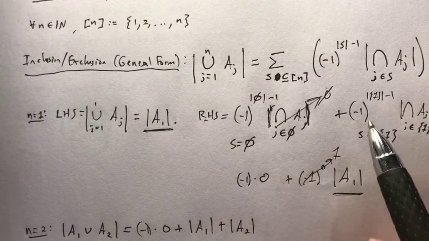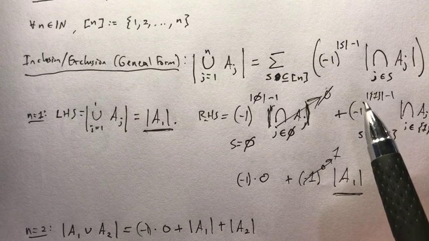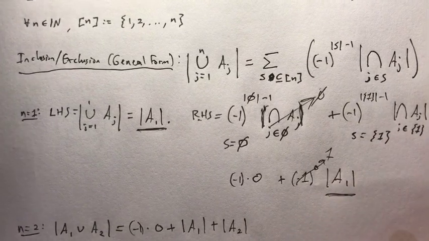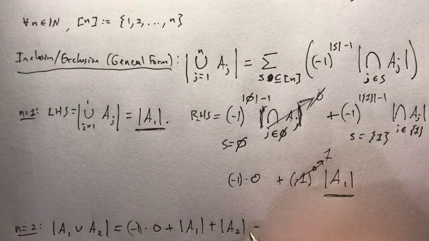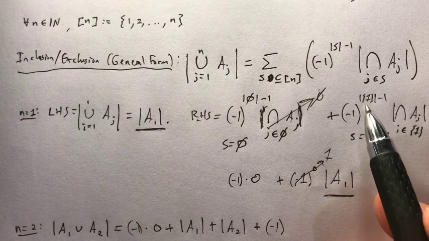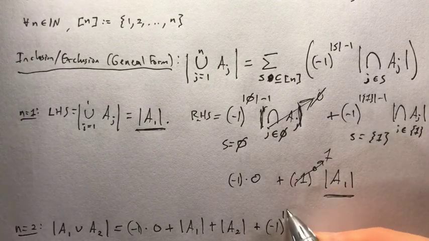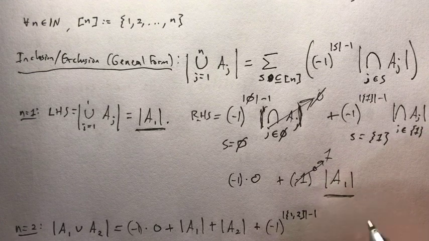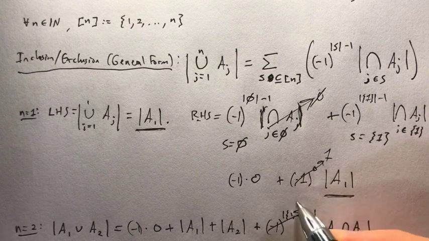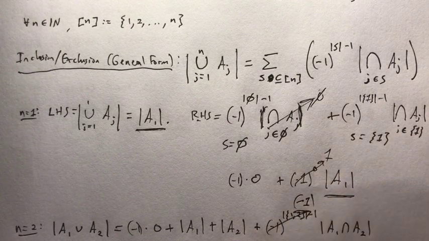And now the subset of bracket 2 of size 2: we're summing here, -1 to the size of a 2-element set now. Let's just put this one in because this one's new. Times A1 intersect A2, and this is going to work out to be a -1.